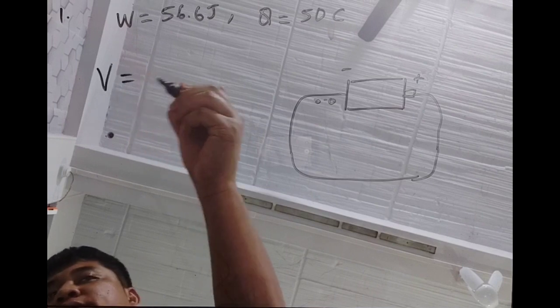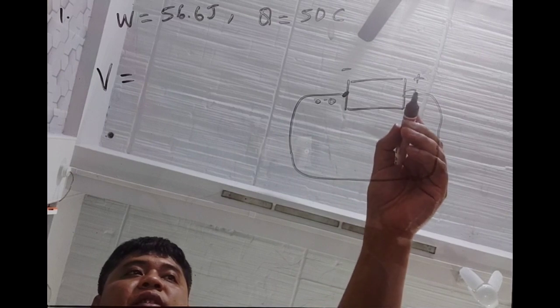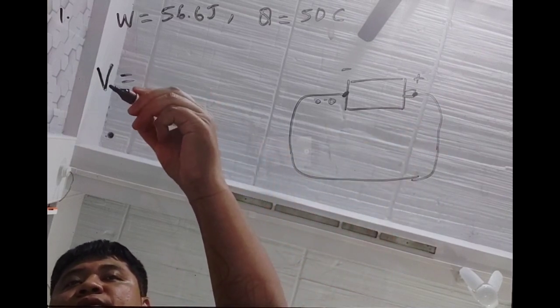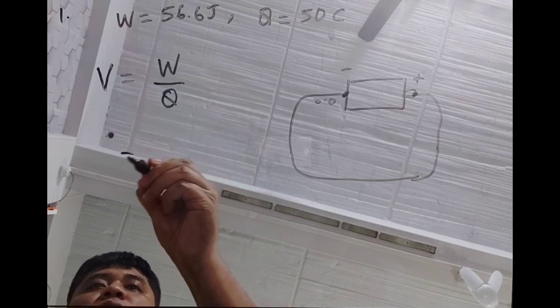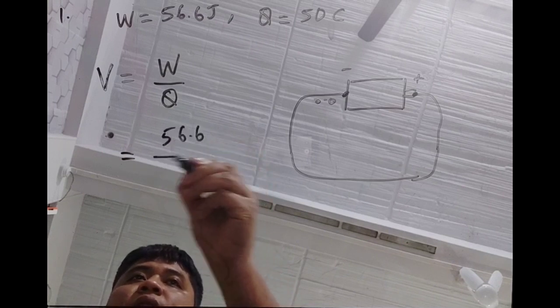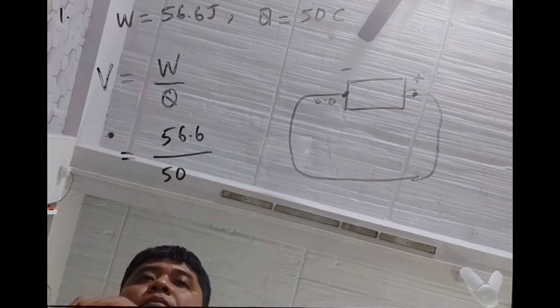The formula is potential difference between the two poles, negative and positive terminals, is V equals work done by charge. Here work done is 56.6 and the amount of charge is 50 coulomb.